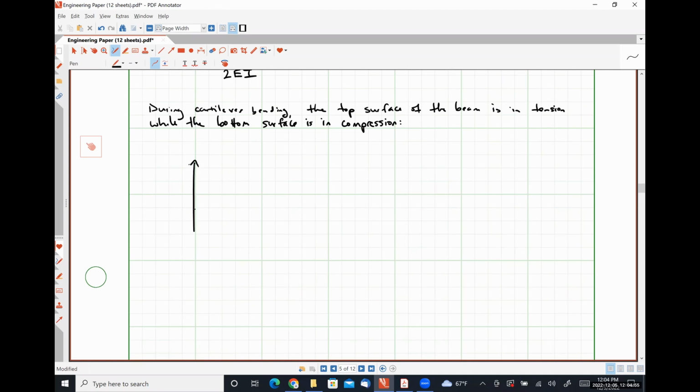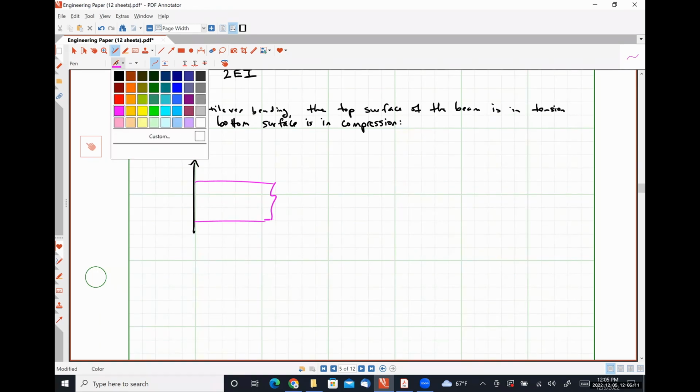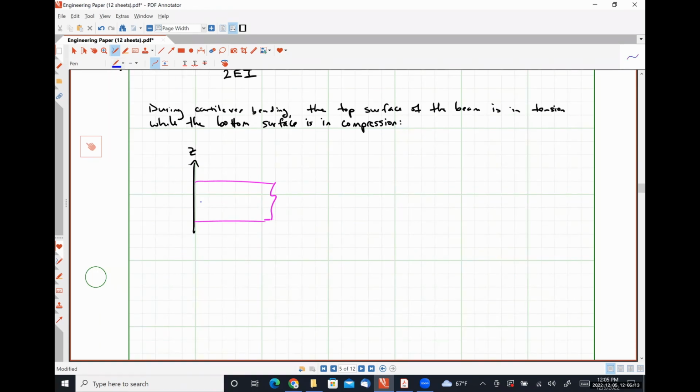So we're looking at a portion of the beam close to the anchor point. We don't really care about what's going on out to the right. We have this axis of symmetry.